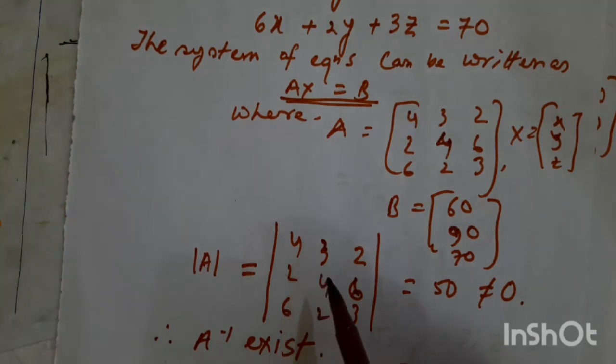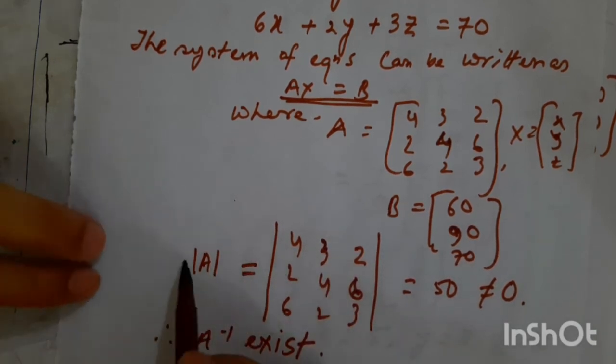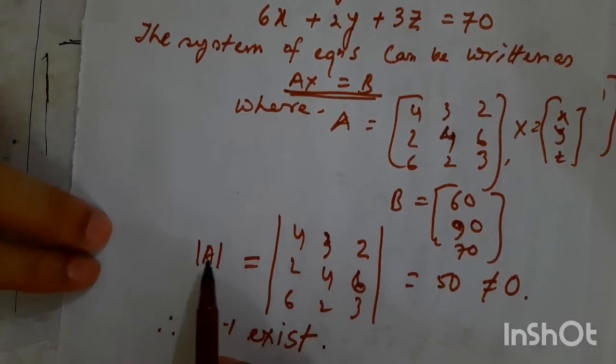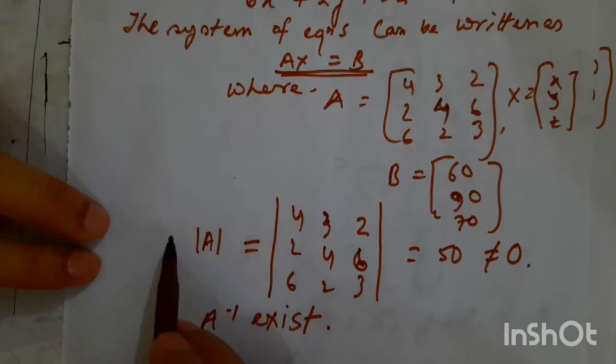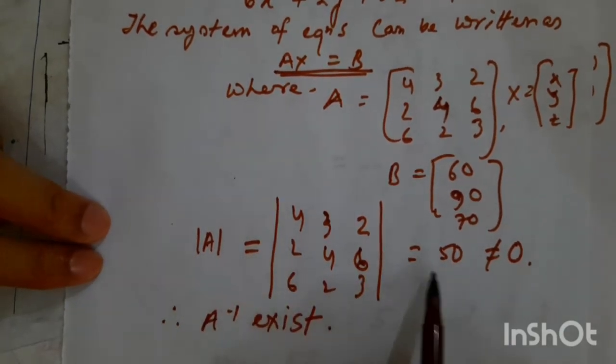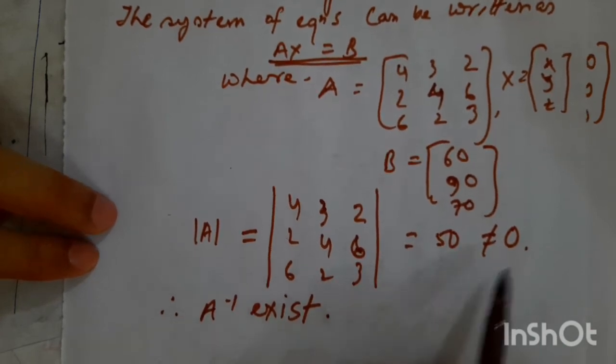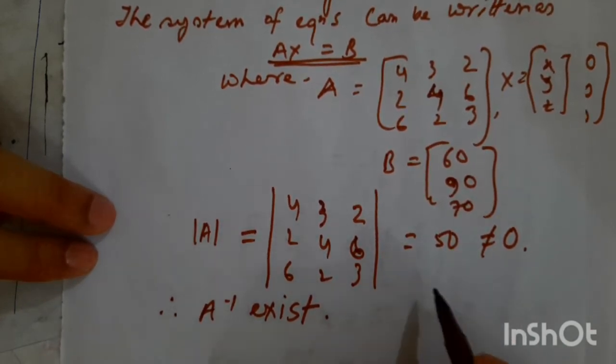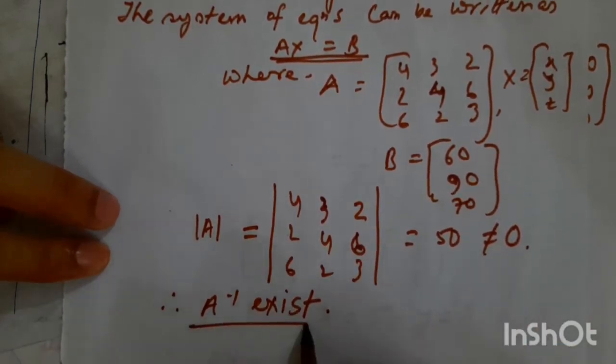Then we have to check whether A inverse exists or not. To check that, we have to find the determinant of A. So determinant of A equals 50, which is not equal to 0. That is, it is a non-singular matrix. So A inverse exists.